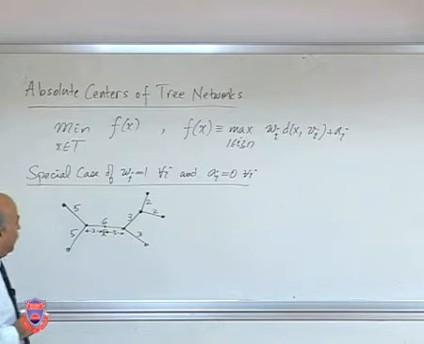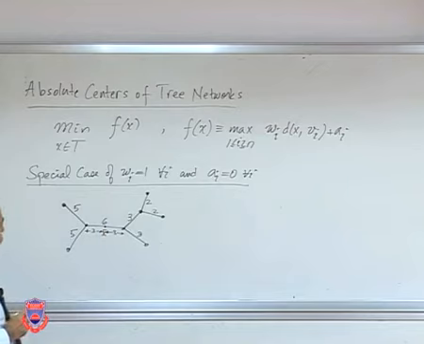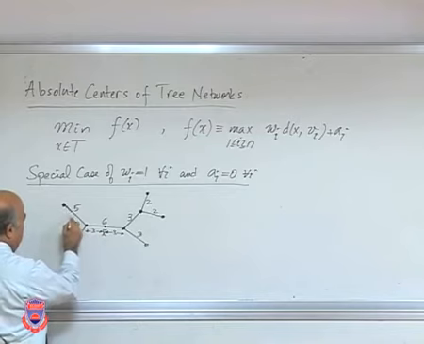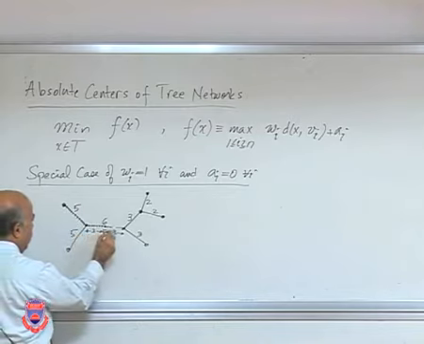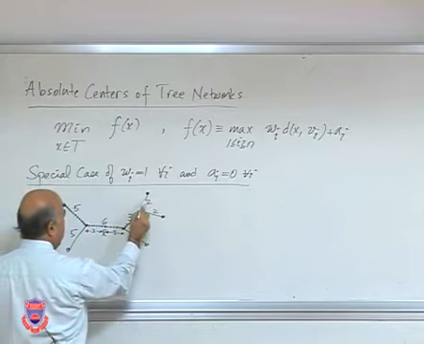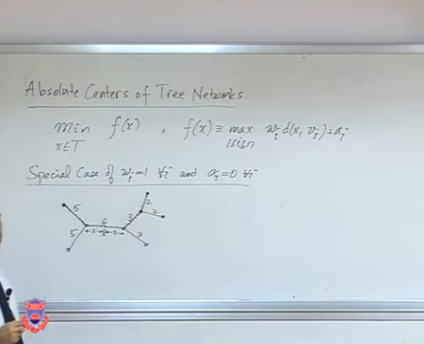All right. So what do you see in this example? You see in this example that the minimizing point happens to be the midpoint of a longest path in the tree.